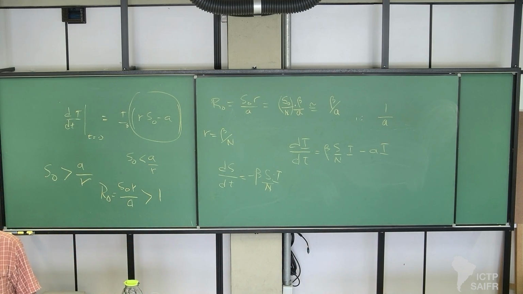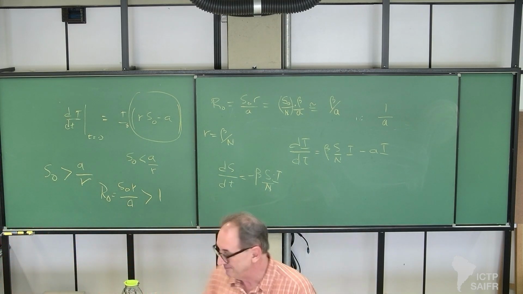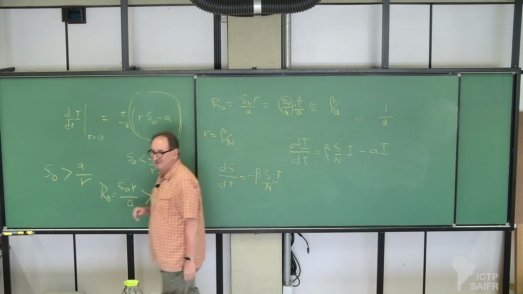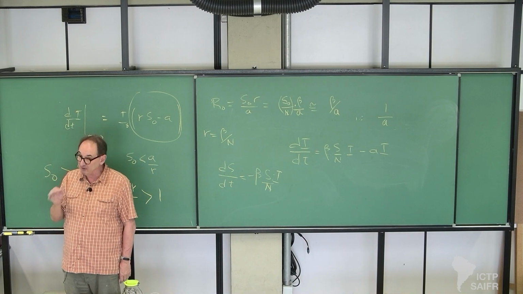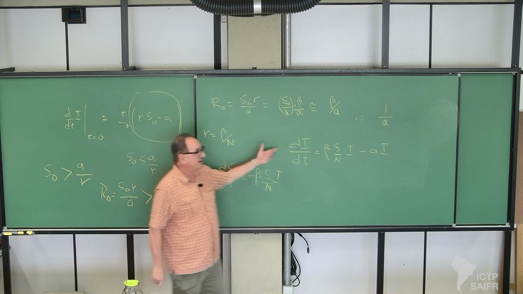Does this change for diseases with high mortality like rabies, which has 100% mortality? Yeah, then you have to change these equations, obviously. Then you have to put in a mortality rate.